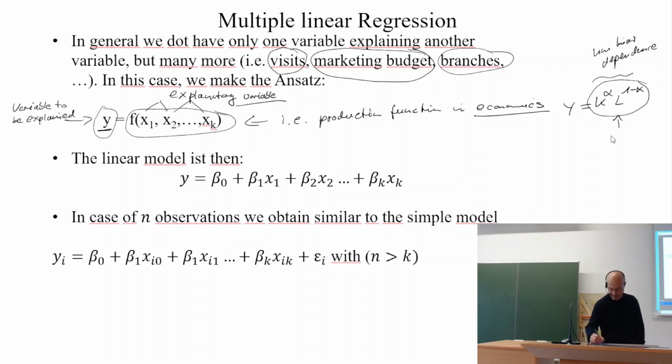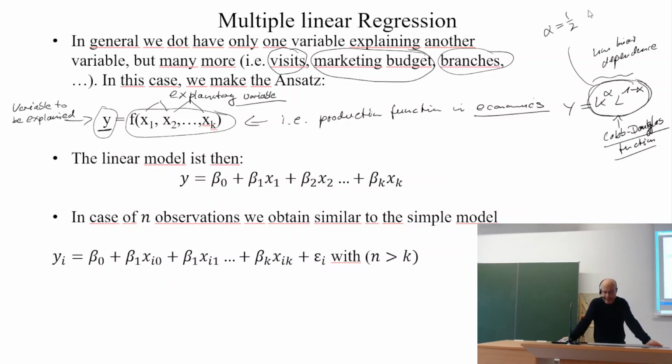And maybe you know this with a name. This is the so-called Cobb-Douglas function. And actually, you have seen this function also in this lecture already. Think of alpha being 1/2. Why have you seen this function also in this lecture?